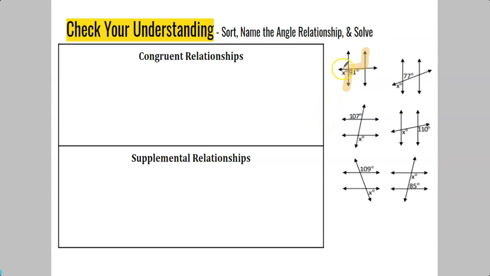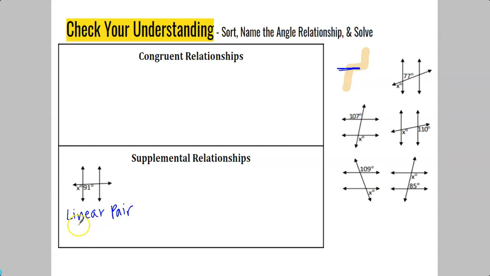Well, hopefully we recognize that X and 91 are all on the same line right here. So if they're on the same line, they would be linear, and linear would be supplementary. And again, you could be using your notes to figure that out. I'm going to go ahead and move that over here, and we're just going to put that this is a linear pair.